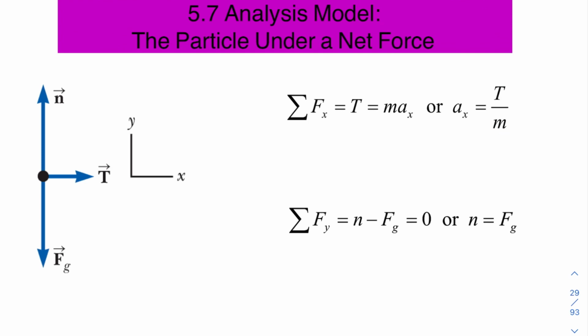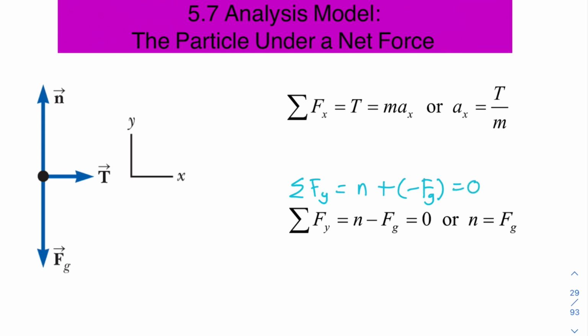And now let's proceed to the y-axis. Along y we have normal pointing upward, so it's positive, and weight is pointing downward, so therefore it has a negative sign. Remember we are doing summation, so supposedly it should be added up. Why does it become negative? Because of the direction of the Fg itself, which is downward, and the sum is equivalent to 0.